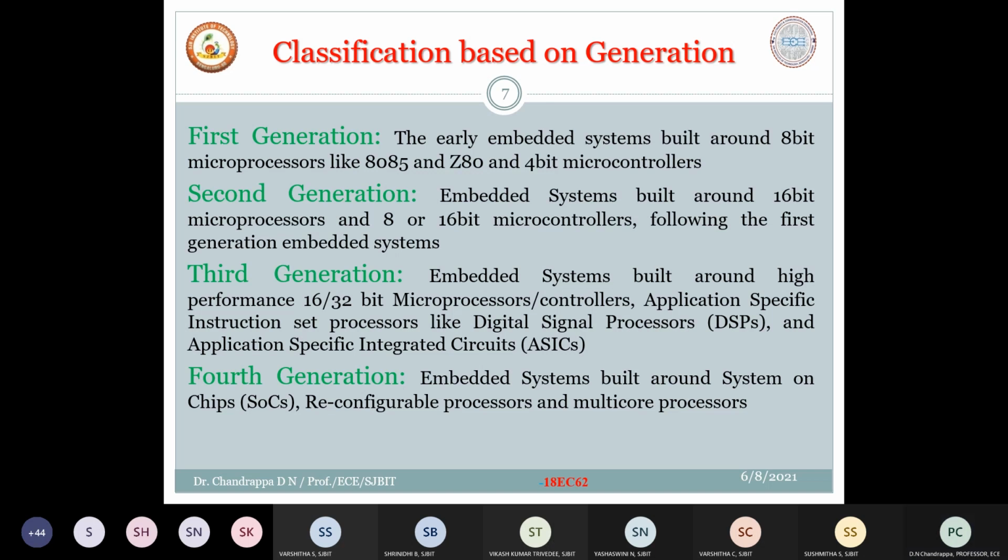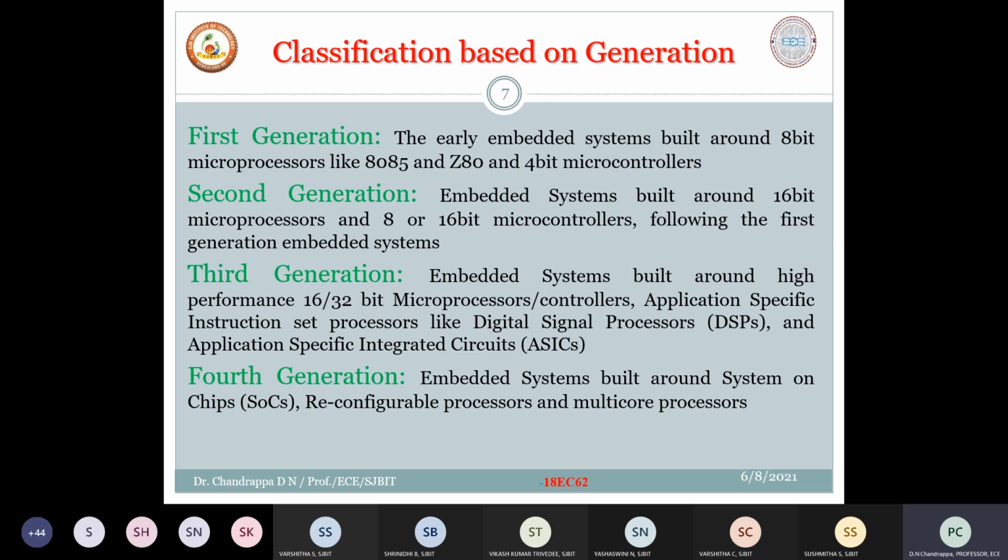Now we come to the last generation, the fourth generation. During the fourth generation, embedded systems are built around systems on chip (SoCs), reconfigurable processors and multi-core processors.